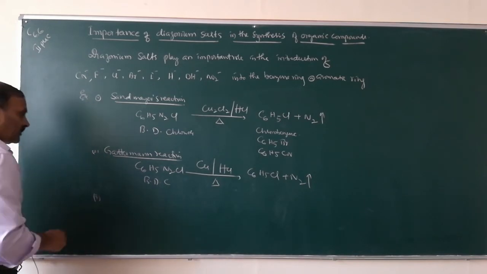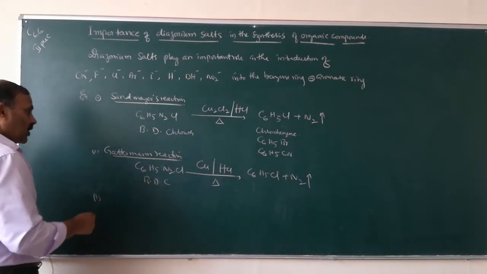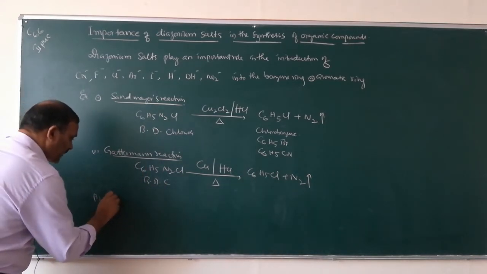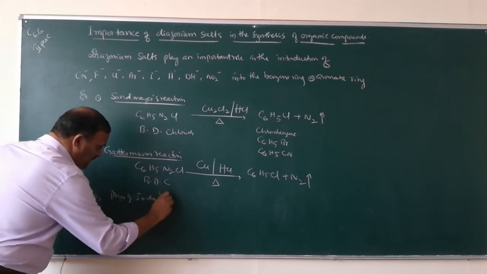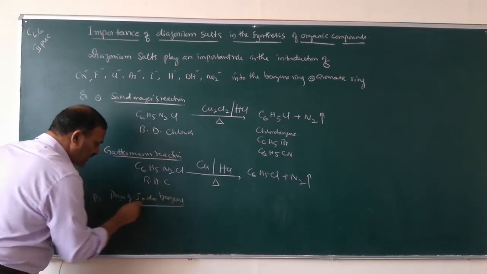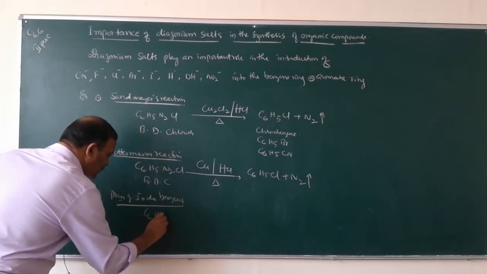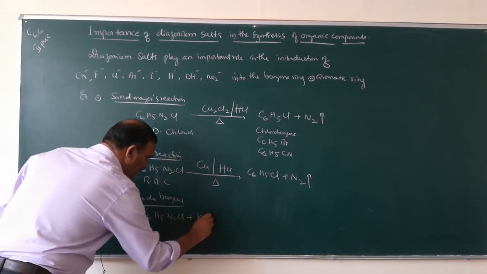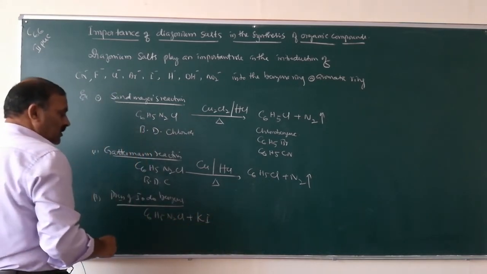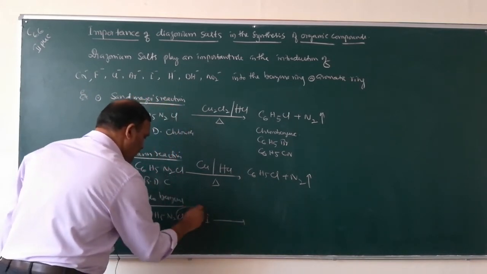So third one, we can prepare iodobenzene. How is iodobenzene prepared? Preparation of iodobenzene. When benzene diazonium chloride, C6H5N2Cl, is treated with solution of potassium iodide, what happens?